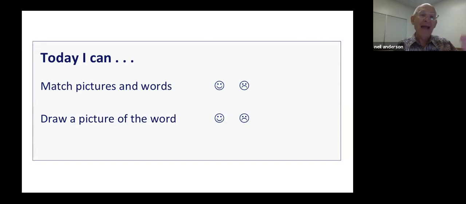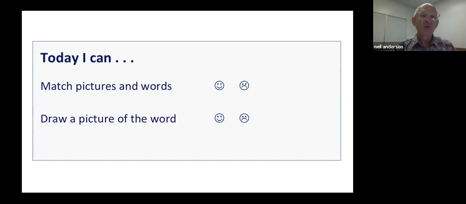So think back to the example that I gave earlier, where we write the objective on the board as a way to establish initial motivation. In that particular class session, at the end of class, I have the students look at these 2 I can statements. Today, I can match pictures and words.